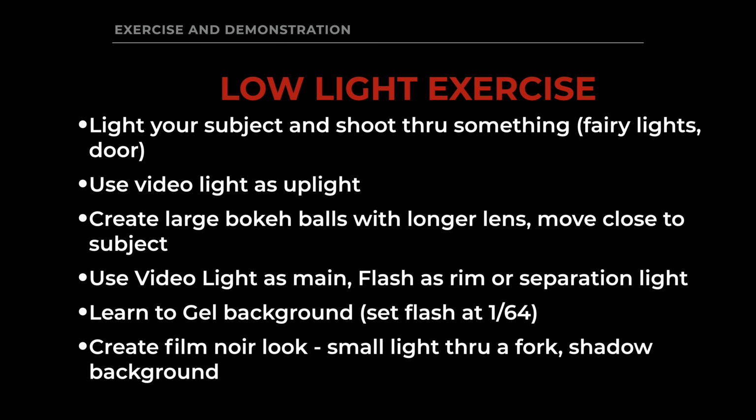Here is your low light exercise that you need to do going forward. The first thing I want you to do is to shoot through something, okay? You can use fairy lights, you can shoot through a door, or in some instances, I was at a reception, you know how sometimes you're at a wedding reception and they have those small tables for people to stand around?